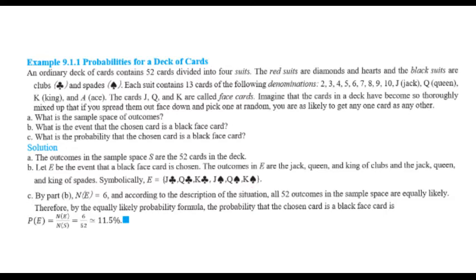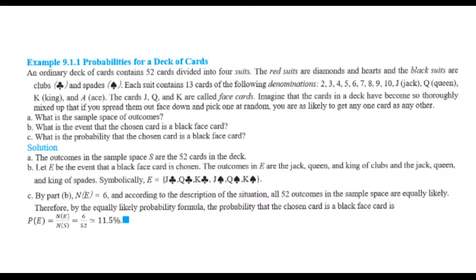Why? Because we are interested in seeing a black and face card. We have 2 black suits and 3 face cards, so a combination of these gives 6 different possibilities: Jack of clubs, Queen of clubs, King of clubs, Jack of spades, Queen of spades, and King of spades.